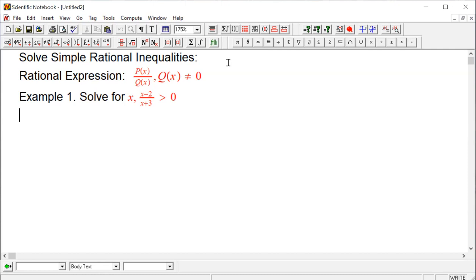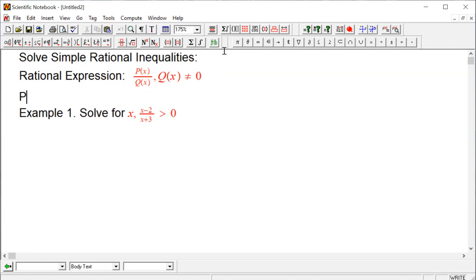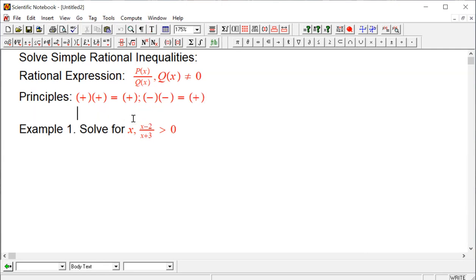I hope this reminds you of principle number 6, which is about multiplying: positive times positive equals positive, and negative times negative equals positive. It also addresses that positive times negative is negative, and negative times positive is negative.